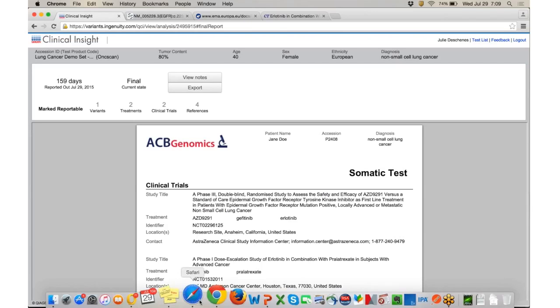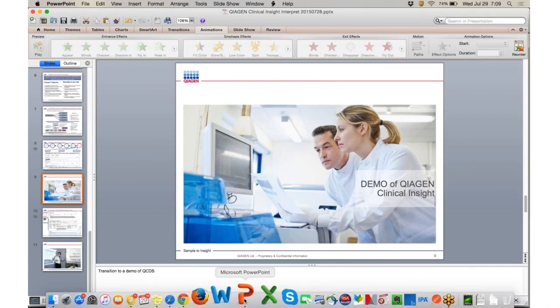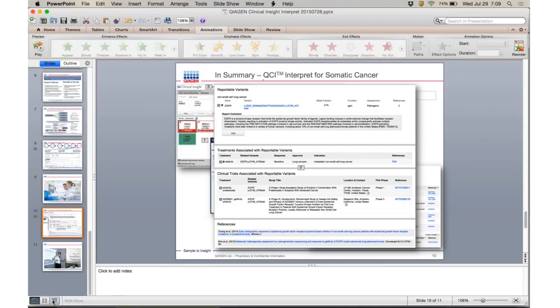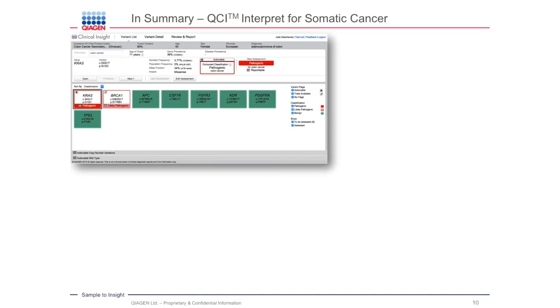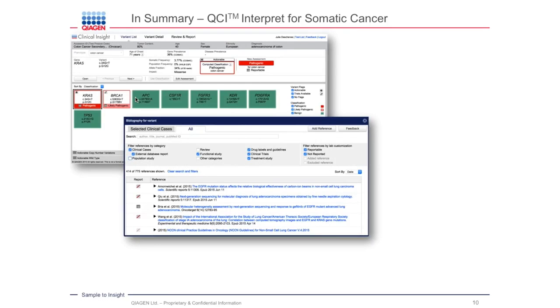So now, this will end our demonstration of QIAGEN Clinical Insight, and I will simply go within my slides to wrap up with a summary slide. So what we have seen in summary is that QIAGEN Clinical Insight allows you to see a really quick view of all the different variants and provides you color-coded and flag information about these variants, and allows you to dive into the literature evidence if you are interested and choose to do so.